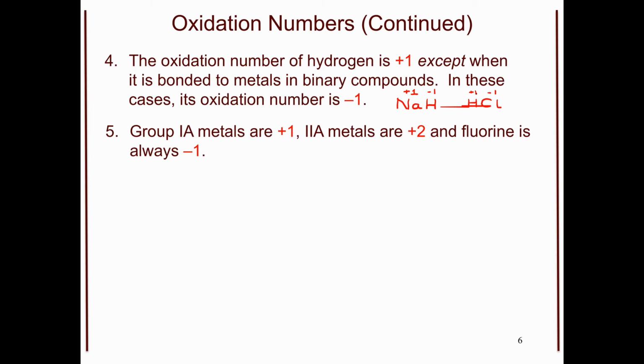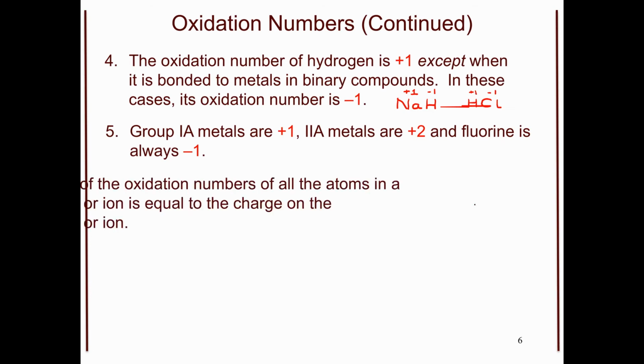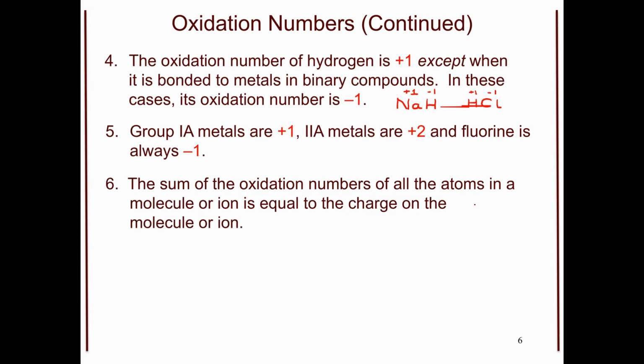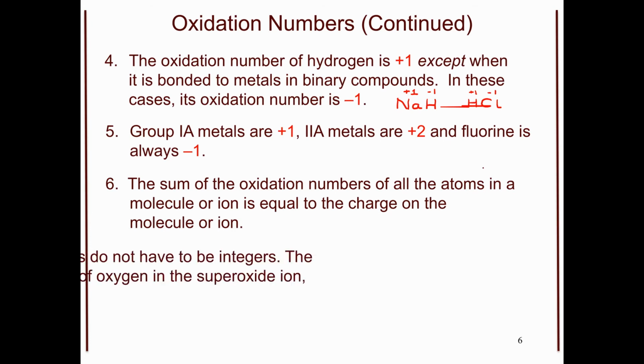For rule 5, group 1A metals are always +1. The 2A metals are +2, and fluorine is the only halogen to which we are sure we can assign a -1. The other halogens are going to show a great variety of oxidation numbers. In the 6th rule, the sum of the oxidation numbers of all of the atoms in the molecule or ion must equal the charge on that molecule or ion.